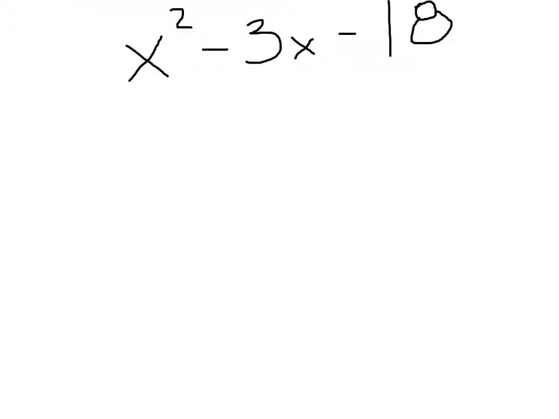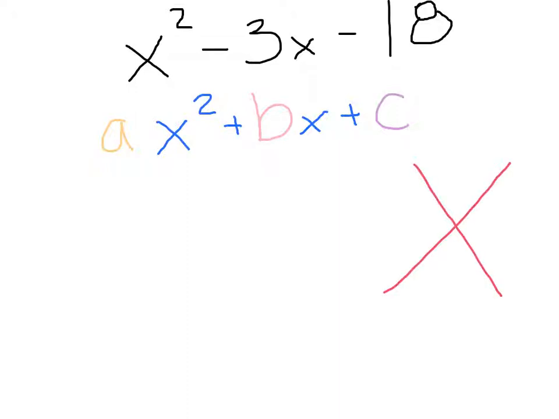Now, having our problem written down, we have to remember how to do the big X method. When we look at these right here, ax squared plus bx plus c, they go together and you put it in the X. You draw your big X and you have to remember that a is multiplied by c on the top and b goes on the bottom.